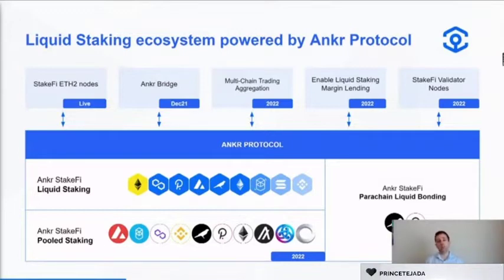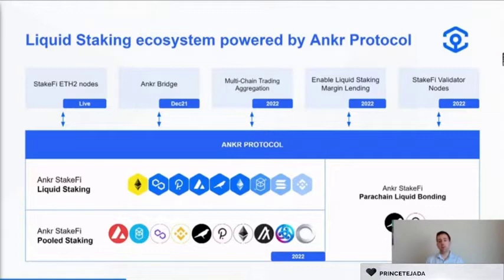So it's important that we have the Ankr protocol to enable that in a reliable and scalable way. Integrating the Ankr Bridge into multi-chain trading aggregators such as OpenOcean will be possible. That's the kind of collaboration that we're looking for in the future.